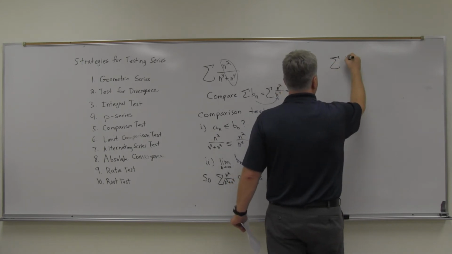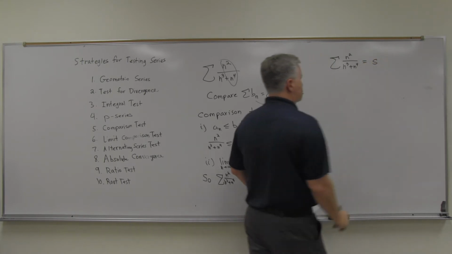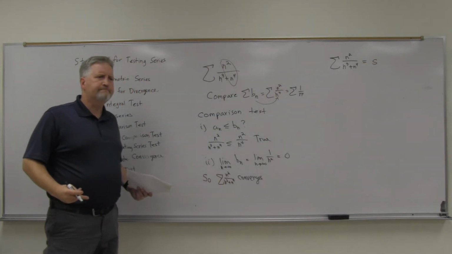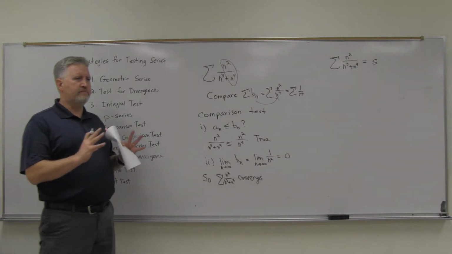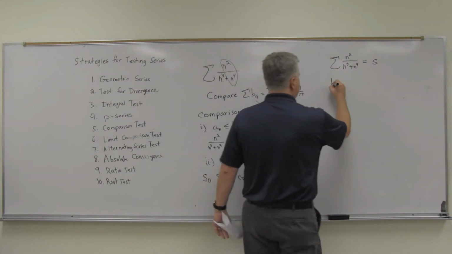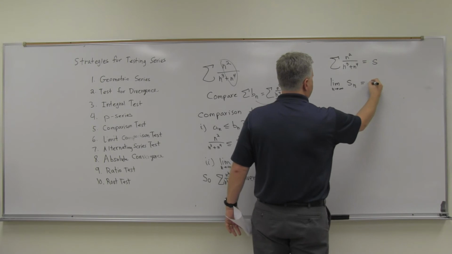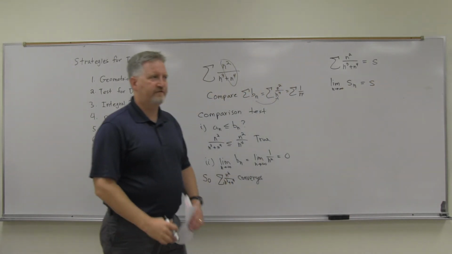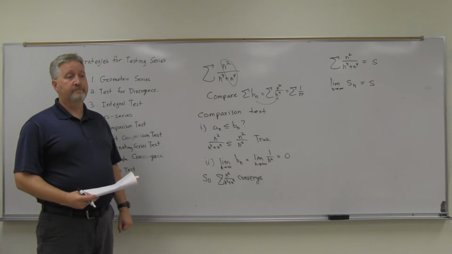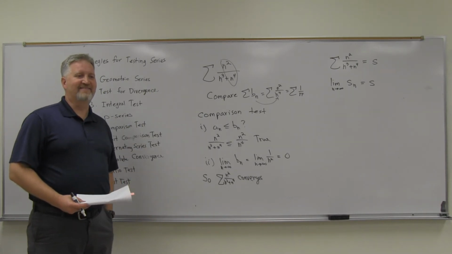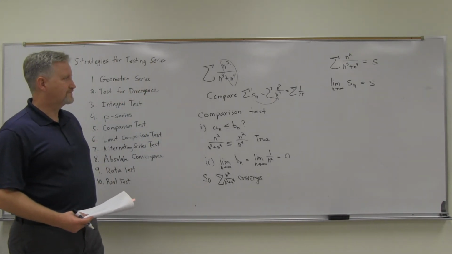We know it equals some number, it's convergent. We call it S, okay? Well, one thing we can do is look at the limit as n goes to infinity of these partial sums. And sometimes we're able to figure out this sum that way. Not in a lot of cases, but in a few we can.